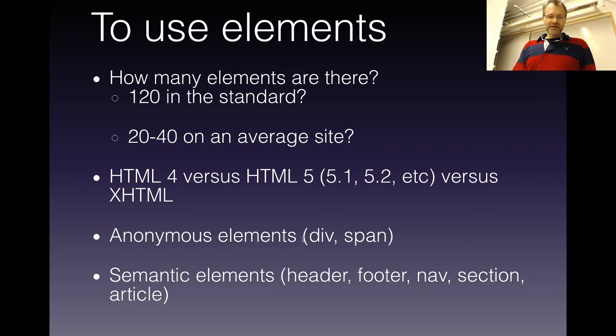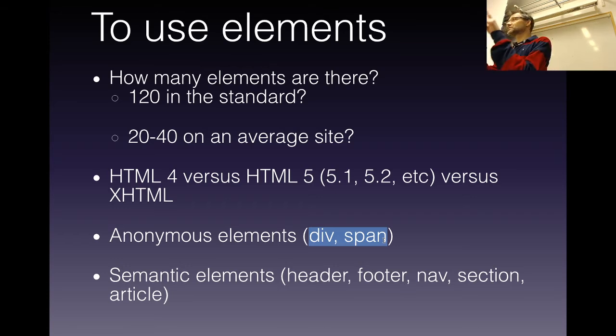The main change with HTML5, compared to about 5 years ago, HTML4, was that before we had a lot of what we can call anonymous elements. They were just called a div and a span. So div was a box, and span was to span some lines of text.